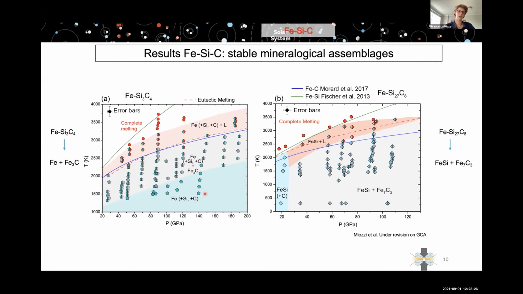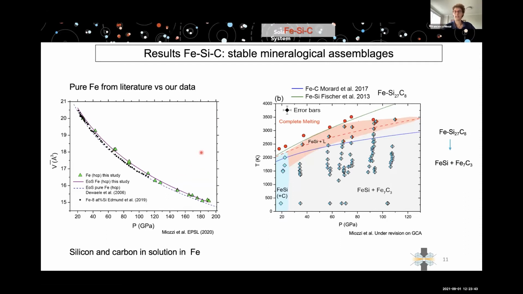We can notice how, as no other phase is stable together with iron at lower temperature, all the silicon and carbon should be in solution in the structure of the iron. However, this solubility of the two light elements in iron is maintained also at higher temperature.